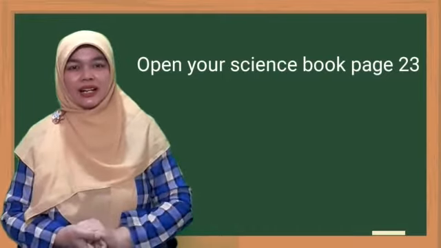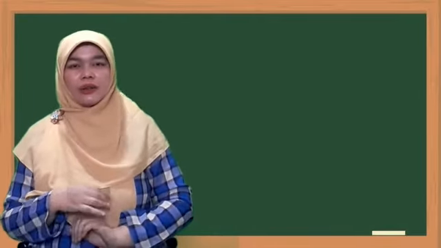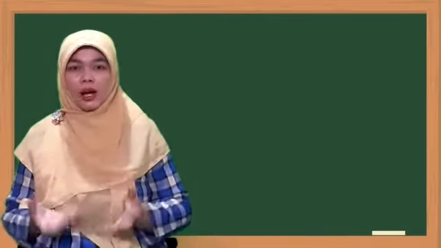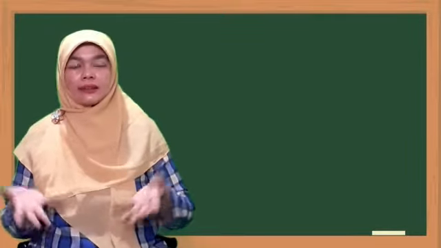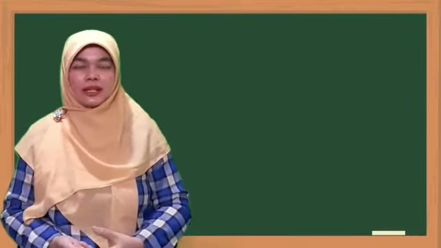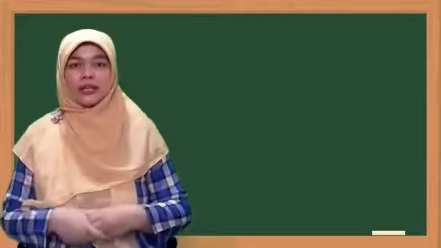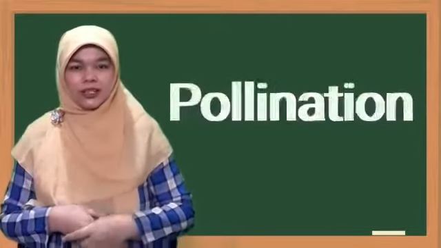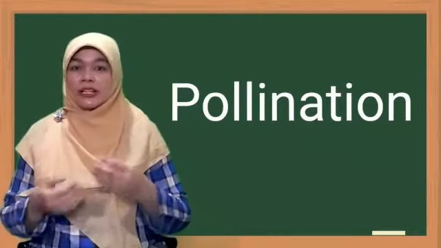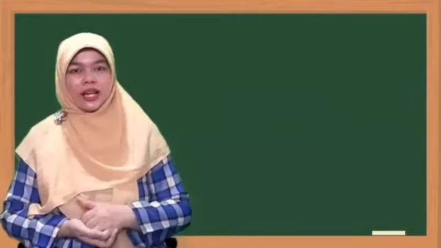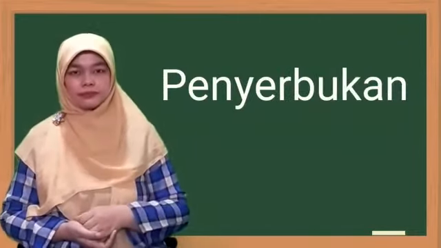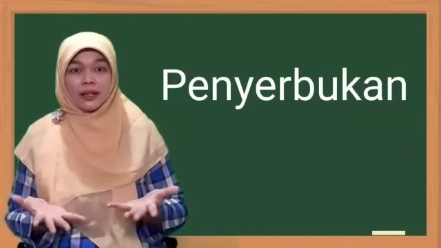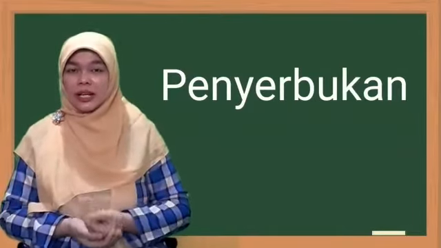Okay, Nanda, let's discuss about how flower can reproduce. Okay, the first one, you have to understand what is the meaning of pollination. Pollination dalam bahasa Indonesia adalah penyerbukan. Penyerbukan itu apa? Ada yang tahu, Nanda?